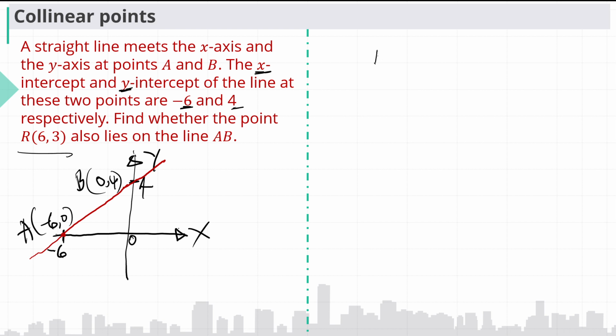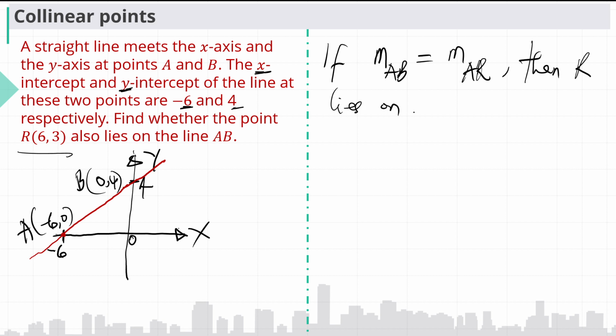If the gradient using the points A and B is the same as the gradient using the points A and R, then R lies on AB, or the three points are collinear. So let's show that this equation holds.